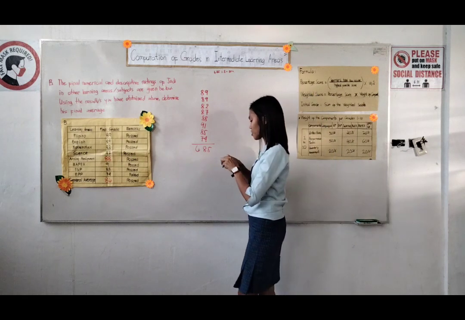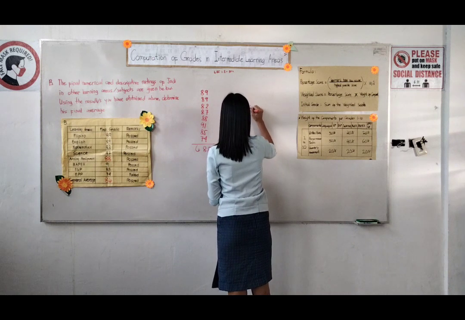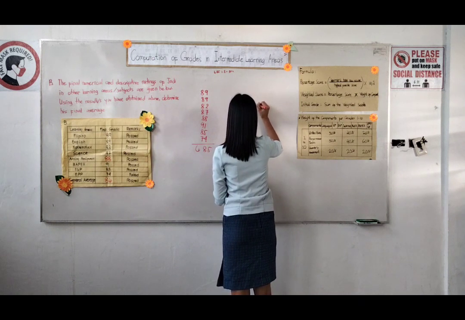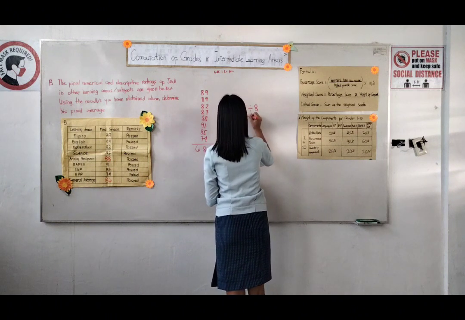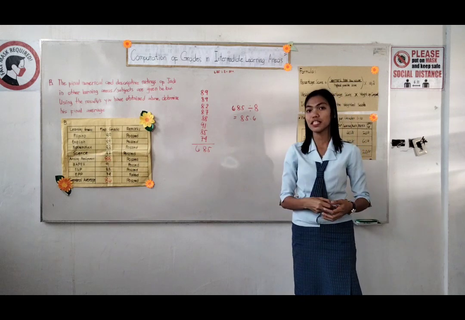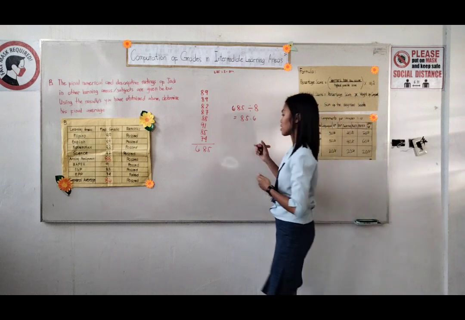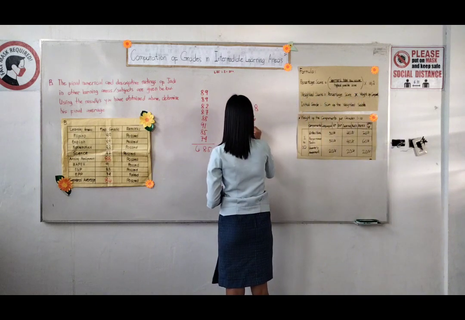So 685 divided by the number of subjects, which is 8, is equal to 85.6. So since the total is 85.6, we need to round off since 6 is a high number. So it has a total of 86.